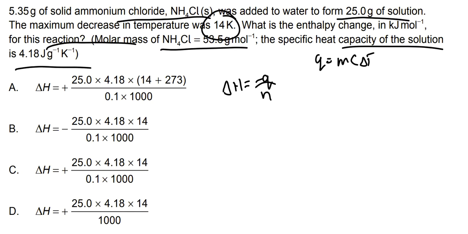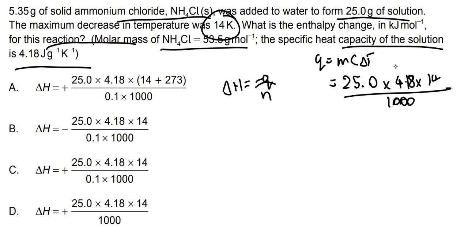And because 4.18 is in joules per gram per Kelvin, I'm going to have that as my c value, and I'm going to multiply by the mass, which is 25, so it's going to be 25.0 times 4.18 times 14, divided by 1000 because we have to find the kilojoules.